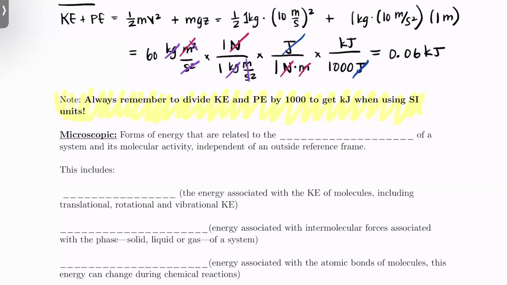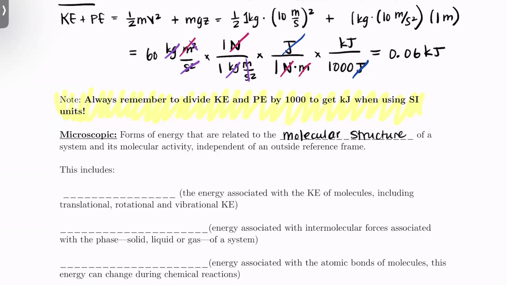We also have microscopic forms of energy. So these are related to the molecular structure of a system and its molecular activity independent of an outside reference frame.